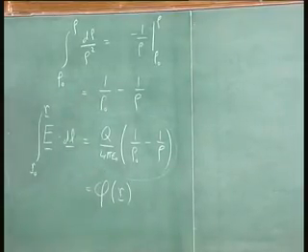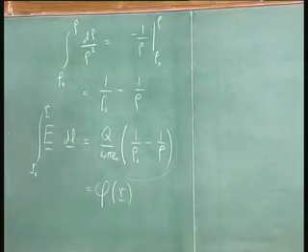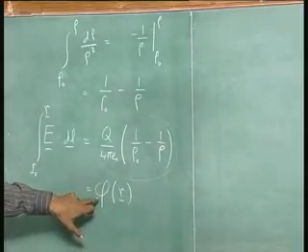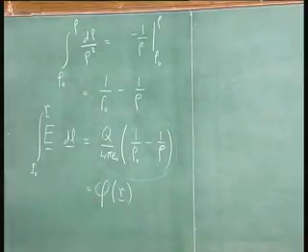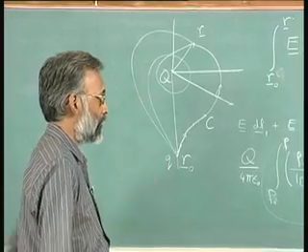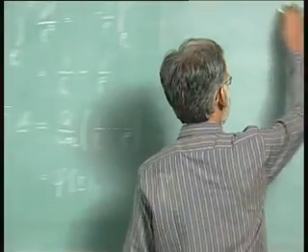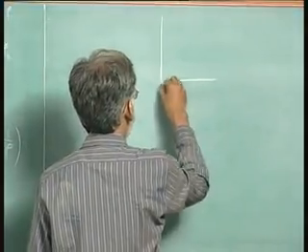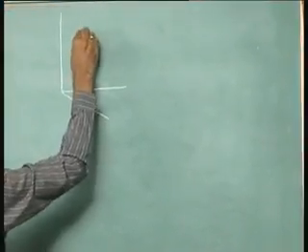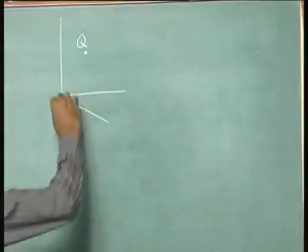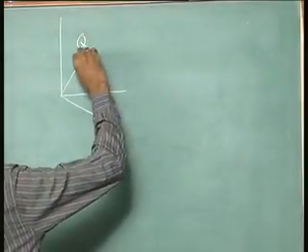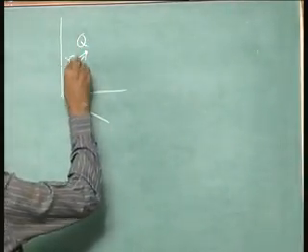Okay. So, this is what we call the electrostatic potential, but we have derived it only for a charge kept at the origin. Supposing the charge was not at origin, supposing it was somewhere else, supposing my charge is sitting here. So, the distance from the origin to the charge is a distance I will call r prime.